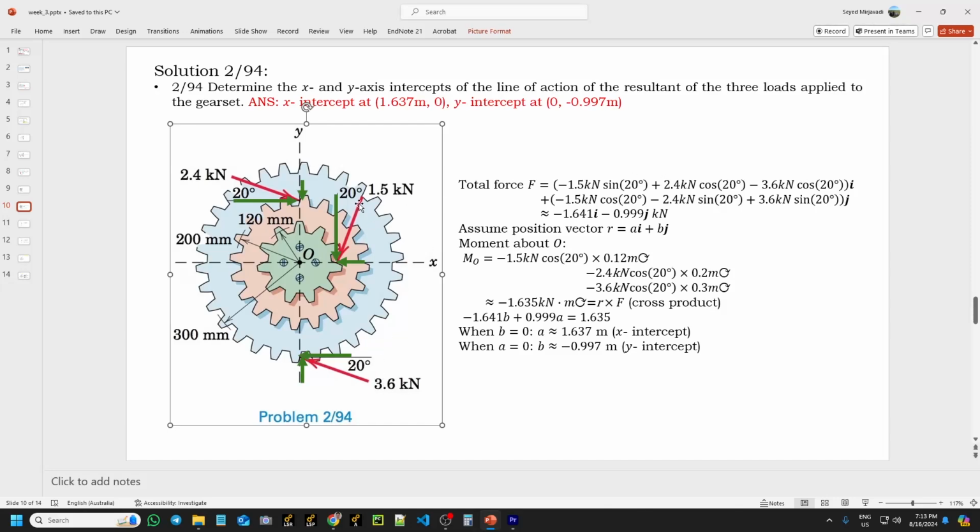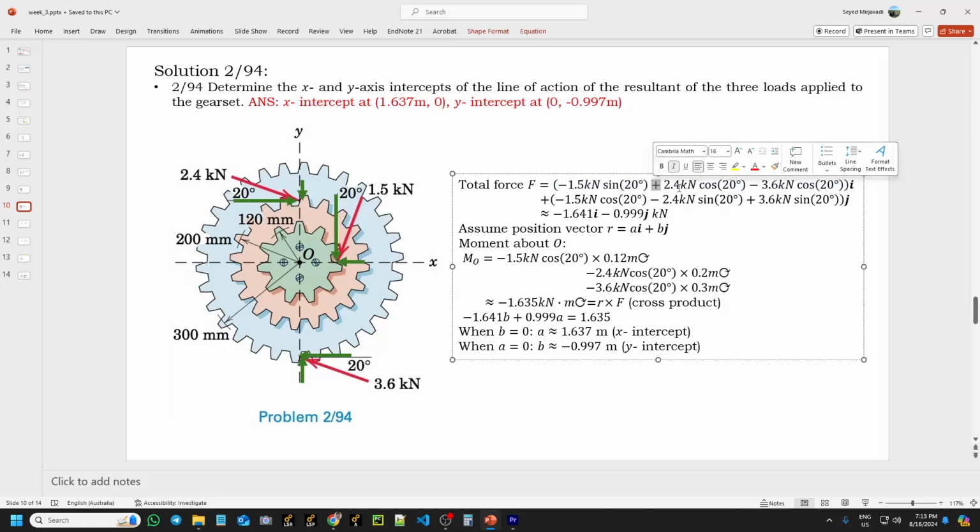So let's go one by one. 1.5 kilo sine 20, and it is negative. This one is 2.4 cos 20, and it is positive. We put plus here. And for this one, 3.6 kilo cos 20 negative, so we put negative here.